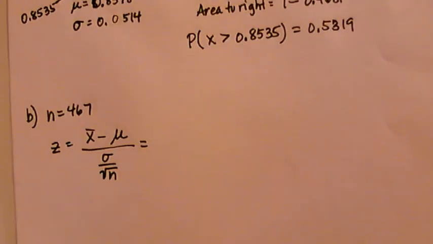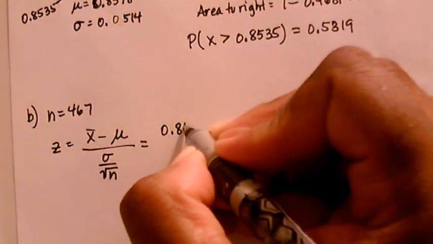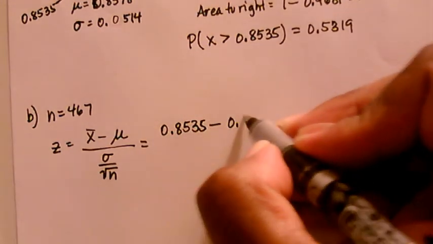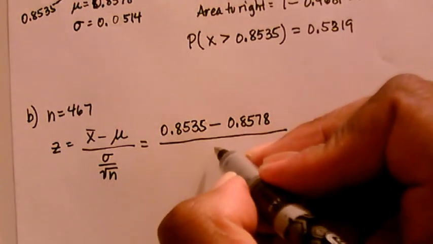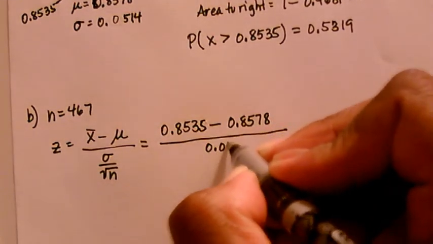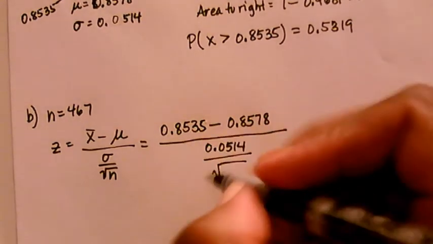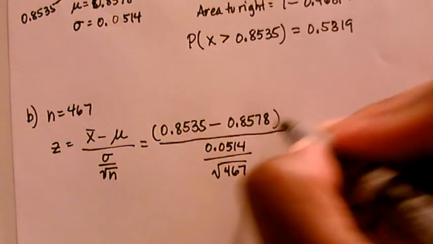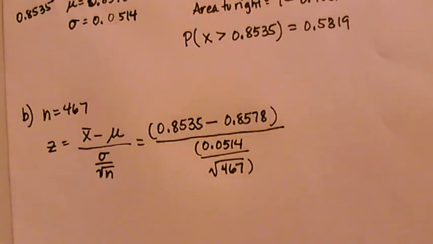Here, your x bar this time is 0.8535 minus mu, which is 0.8578, divided by sigma, which is 0.0514, divided by the square root of n, and n is 467. As you know, this needs to be in parentheses, and this also needs to be in parentheses.